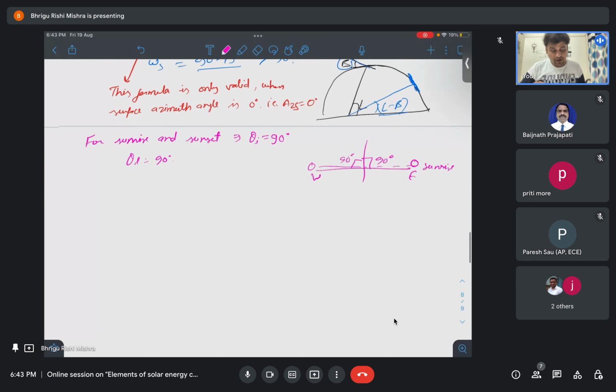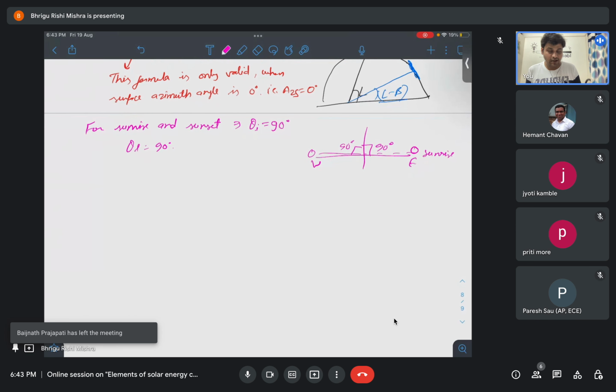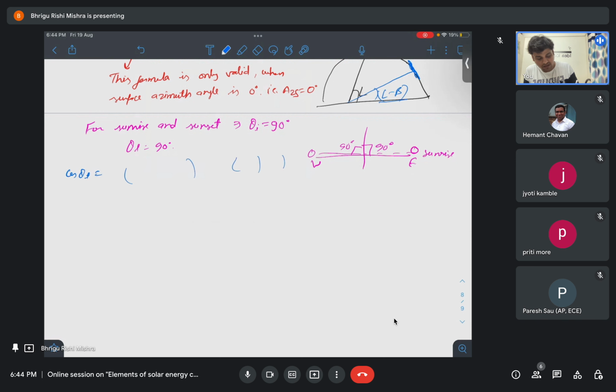So we can use the formula of cos theta t to calculate the hour angle when theta t equals 90 degrees. I don't need to write the formula again. Cos theta t equals, I have a very long expression, I am not writing it again. Theta t is 90 degrees, so this will be 0.